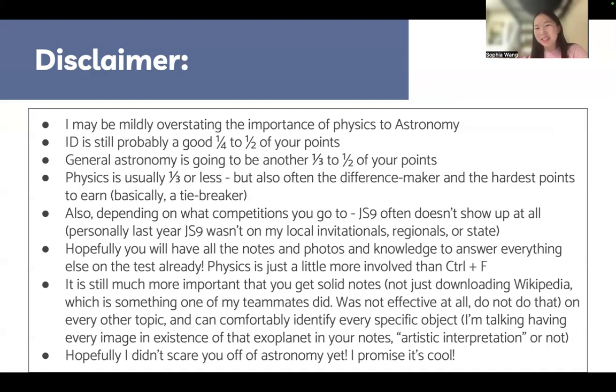You just learn about it, put it in. Simple, easy, clean. But physics is a little messier and a little less intuitive and not something you can prepare for as easily. But it's usually a third or less of your points, and you can consider it a tiebreaker. Because if it's too hard for you, it's probably too hard for everyone else as well.